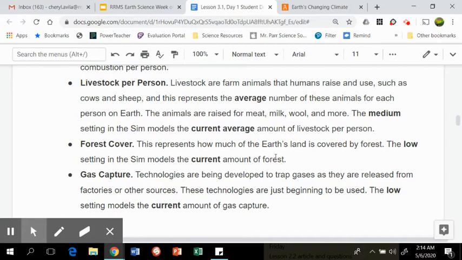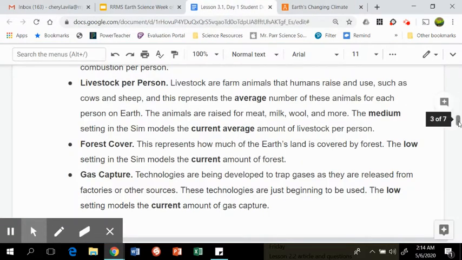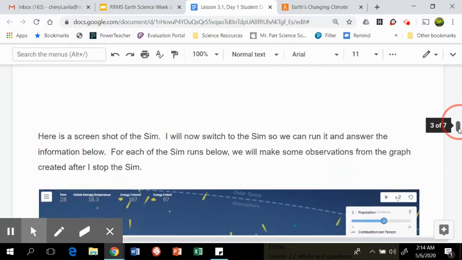Technologies are being developed to trap gases as they are released from factories or other sources. These technologies are just beginning to be used. The low setting models the current amount of gas capture. So where it is on low, that represents the current amount of gas capture that is going on right now.